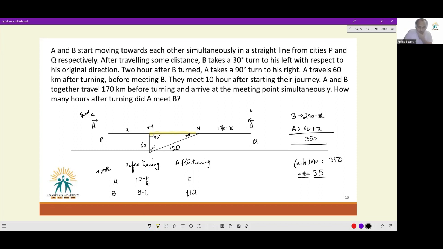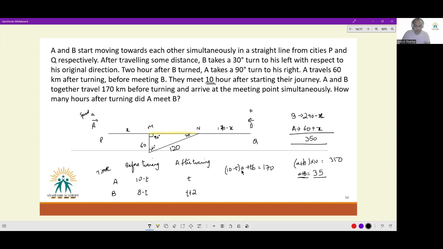So, utilizing this, can I get to the distance traveled before turning? Both of them before turning, distance traveled is 170 in total. So 10 minus t into A plus t into B is equal to 170.